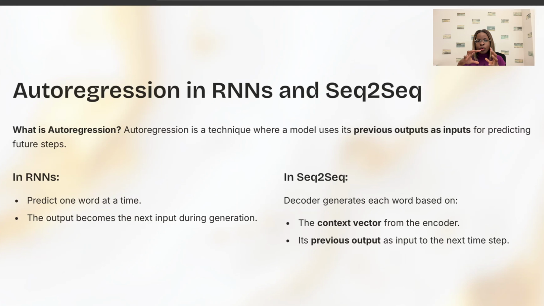So I thought to include auto-regression to drive home the point even more. So what is auto-regression? Auto-regression is a technique where a model uses its previous outputs as inputs for predicting future steps.